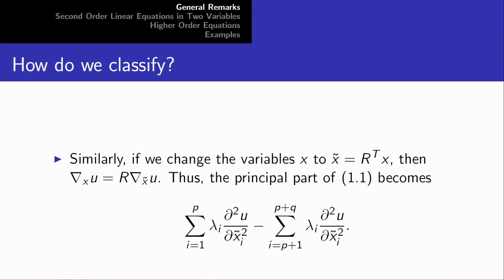You put that back in the equation, and you see immediately that we obtain the principal part in diagonal form. Still there are lambda i's, so we will also remove them by one more change of variable.